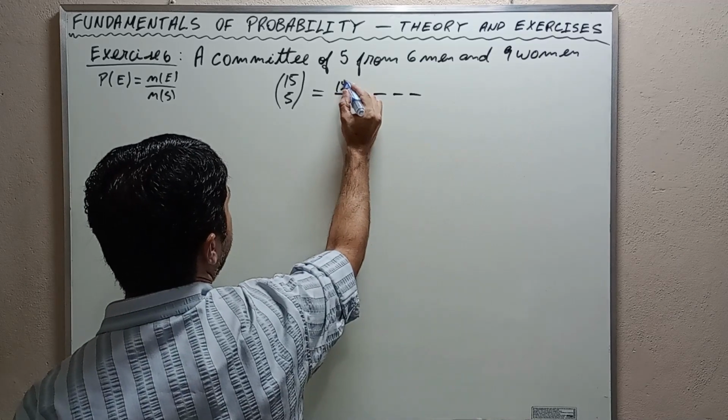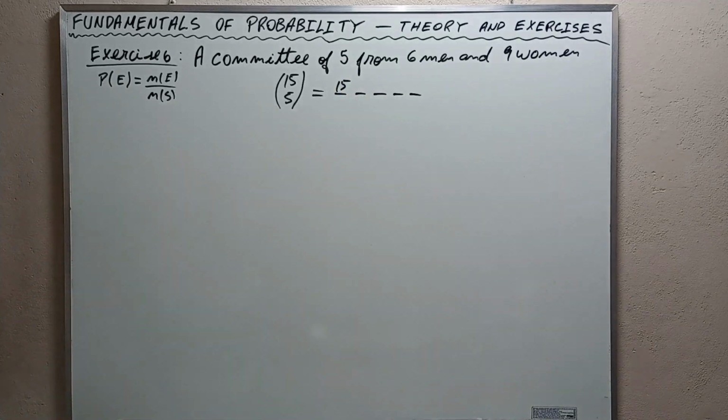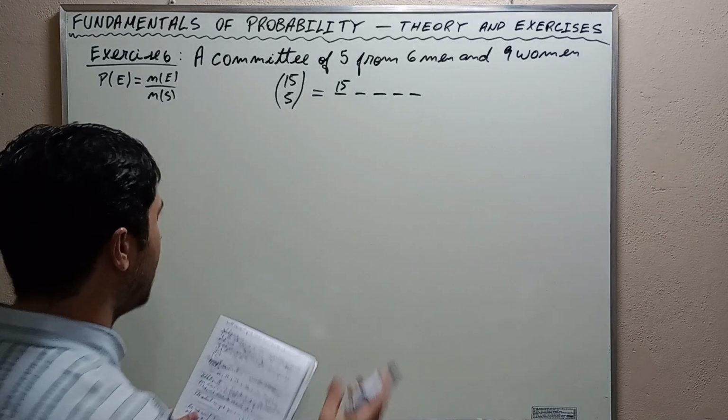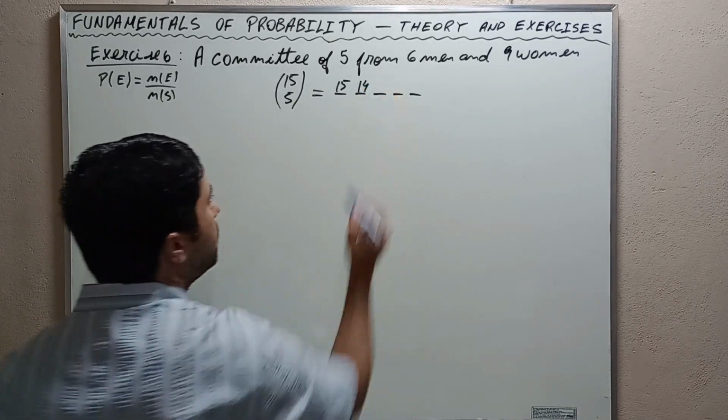We have 15 people. But as every one of the members can only fill 1 position, for the second position we're going to have only 14 possibilities.